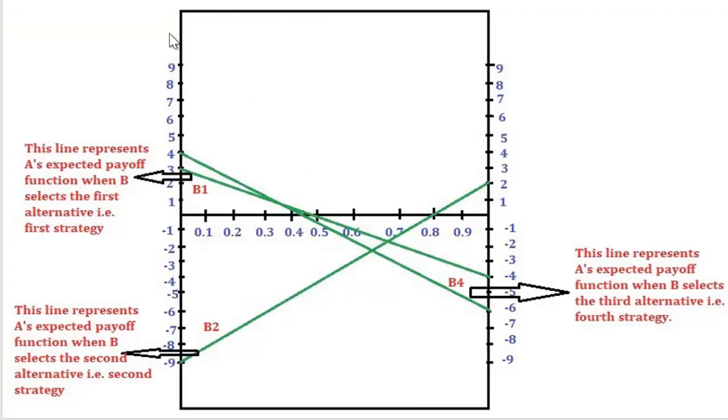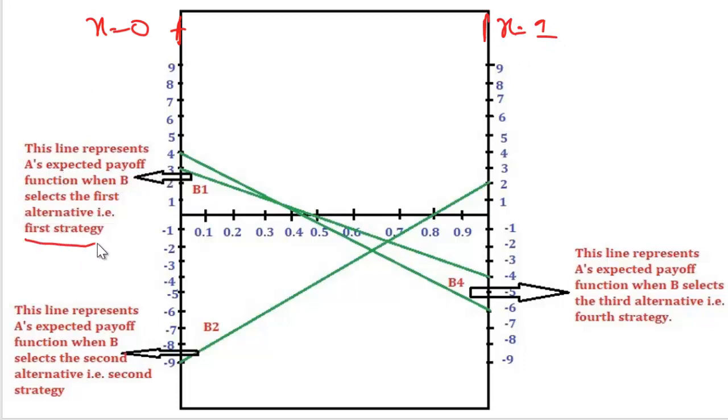So this vertical axis is for x is equal to 0 and this vertical axis is for x is equal to 1. So I have got the points for this, the first strategy.